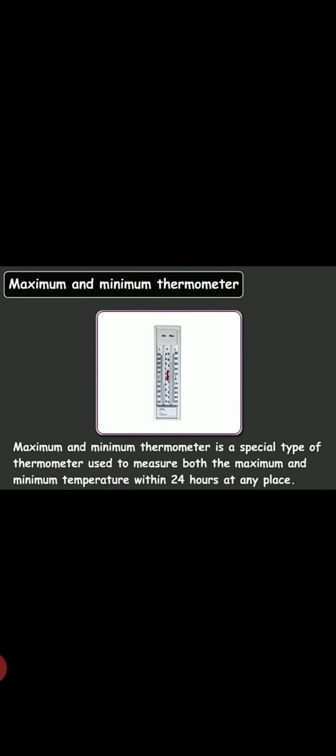So the maximum and minimum thermometer is a special type of thermometer used to measure both the maximum and minimum temperature within 24 hours at any place.